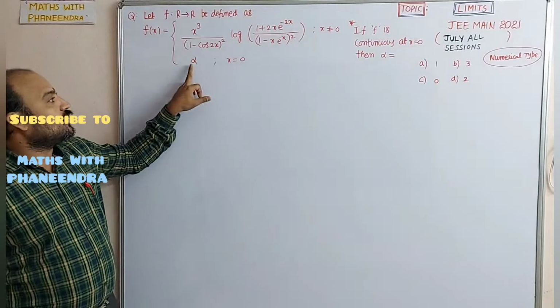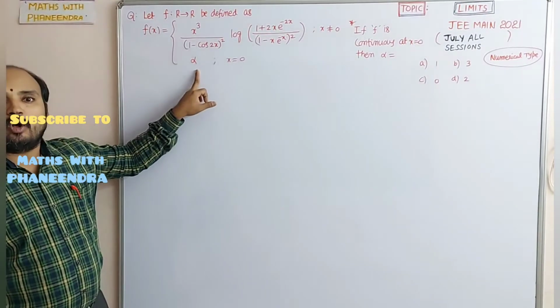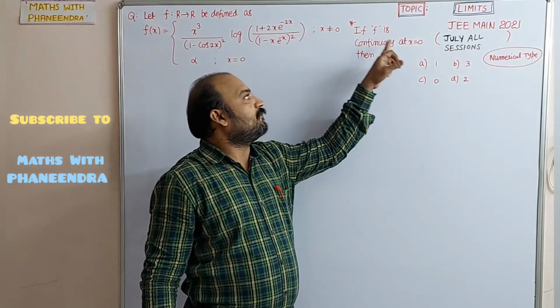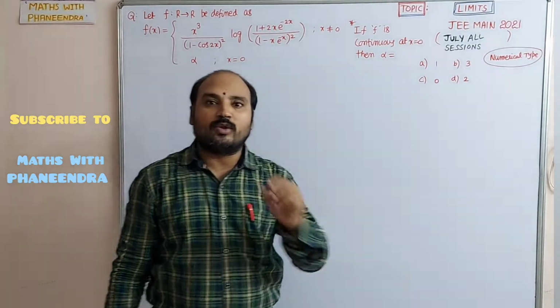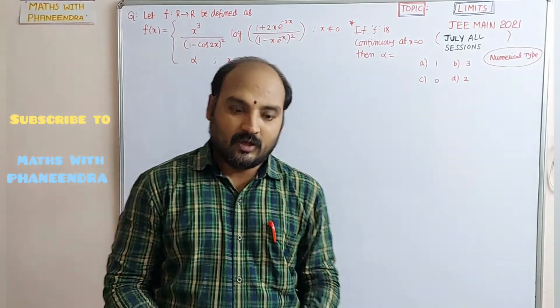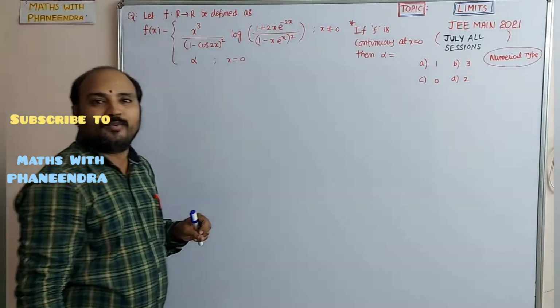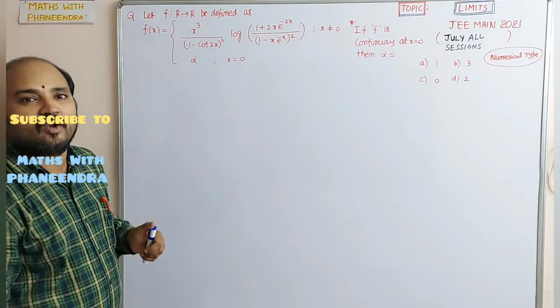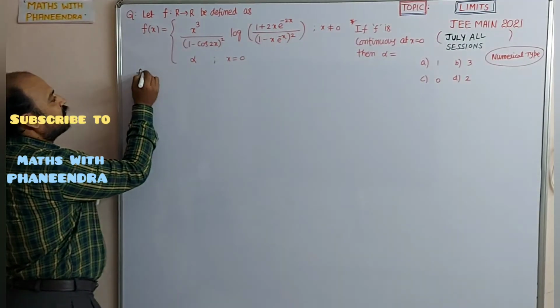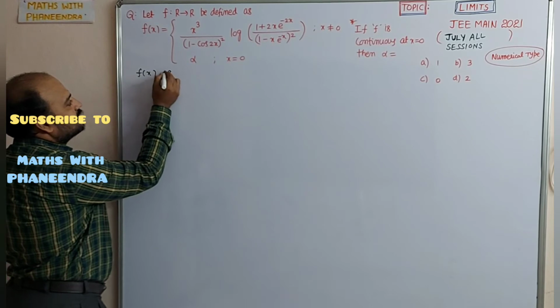When x is equal to 0, f of x value becomes alpha. And the condition: if f is continuous at x is equal to 0, then find alpha. See here, dear students, f is continuous at x is equal to 0, then they are asking alpha. So first step, f of x is continuous.